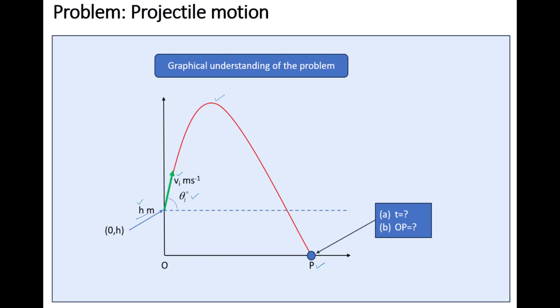In terms of what you will be asked, it could be, for example, in option A, at what time t the ball hits the ground, and also what is the length OP. That's the horizontal distance the ball has covered at the end of its projectile motion. There could also be many more questions based on this, for example, what's the value of the acceleration or the velocity at a given time t, and there could be many more.